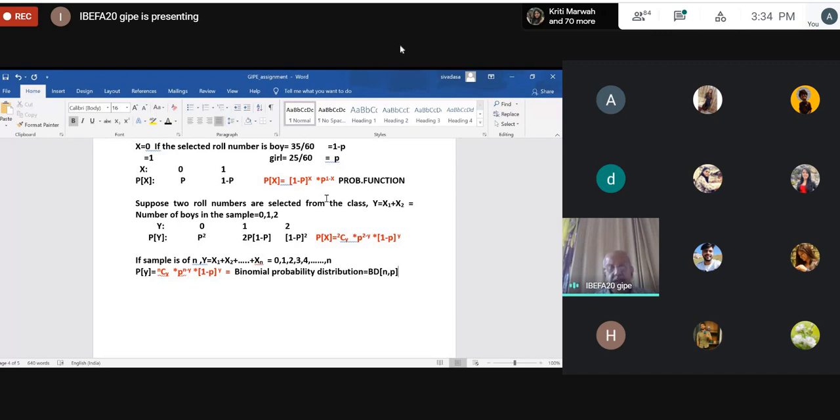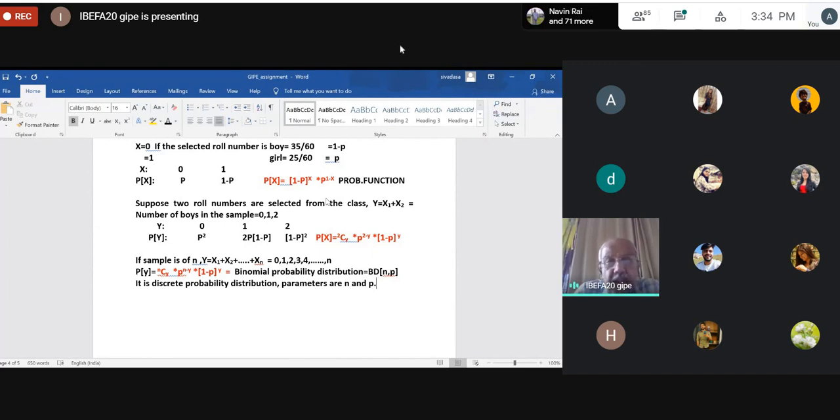Binomial probability distribution is a discrete probability distribution. Parameters are n and p. What do you mean by discrete?